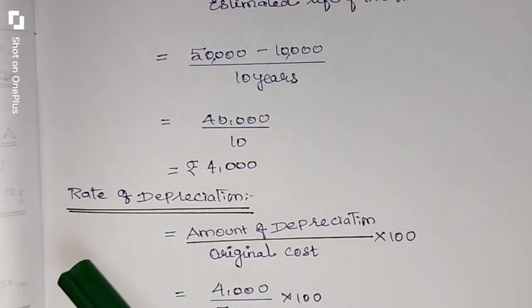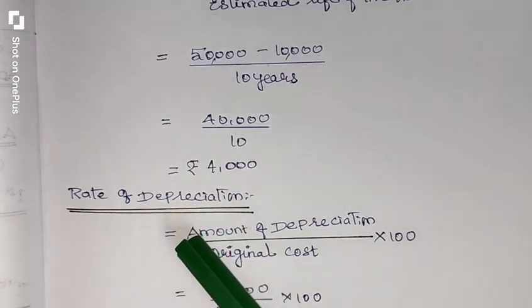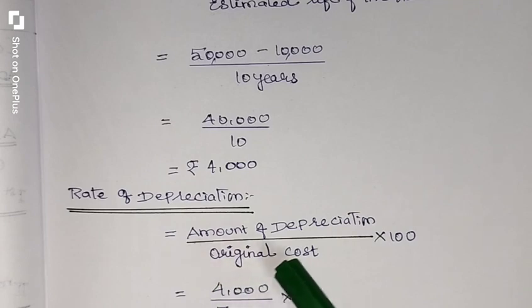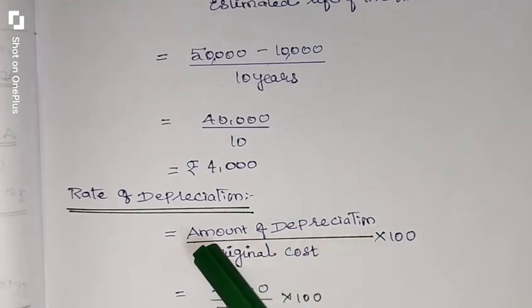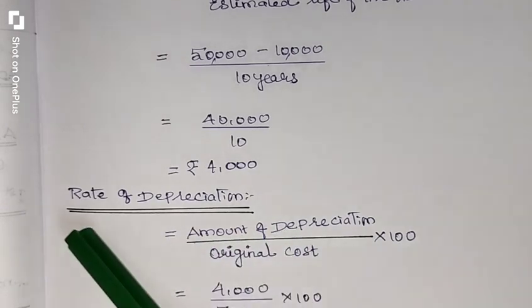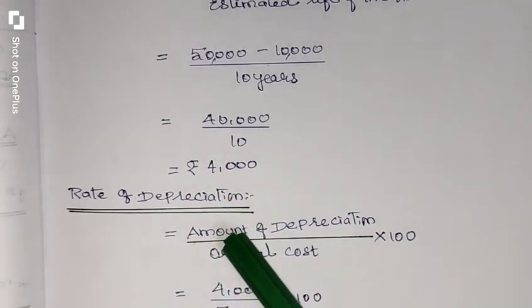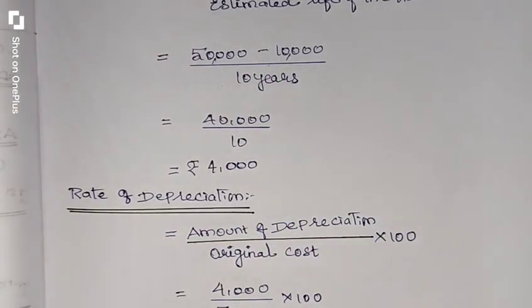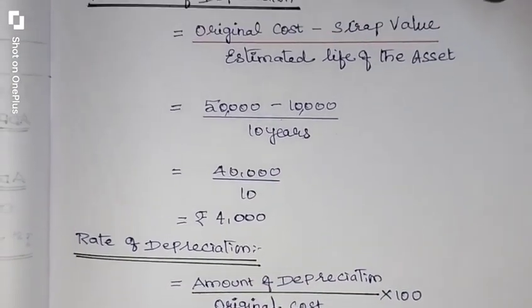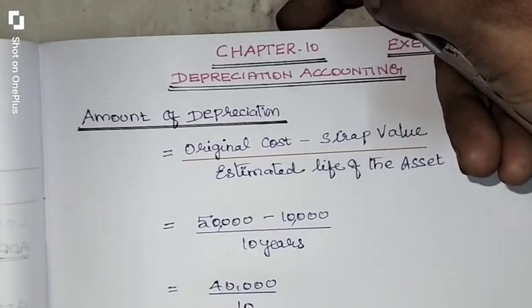First we have to calculate the rate of depreciation. What's the formula for rate of depreciation? Amount of depreciation divided by original cost into 100. Listen, we need to find the rate of depreciation, so for that we have to calculate the amount of depreciation.